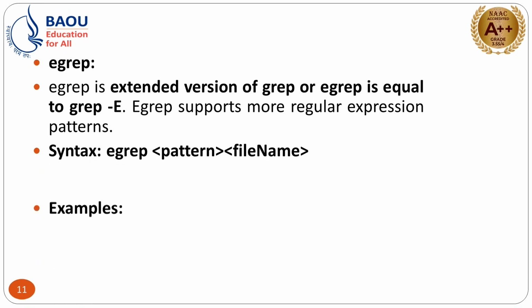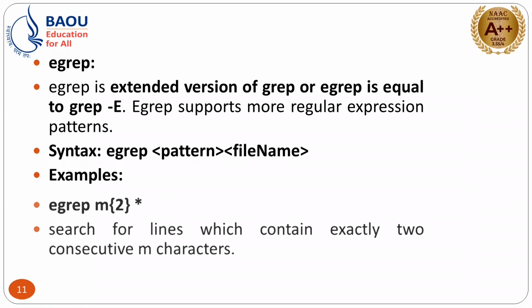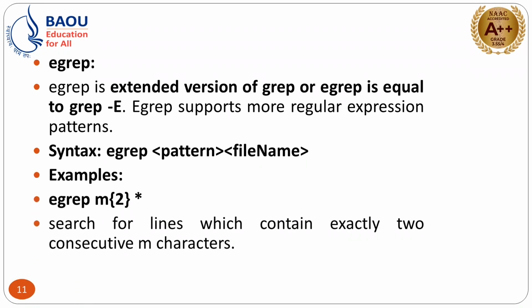The syntax is the same as the grep command. Now we want to search for a particular character that is repeated multiple times. For example, in our case we have the string program, in which M is repeated 2 times. If you want to search for a specific string in which a specific character repeats a specific number of times, you can apply this.